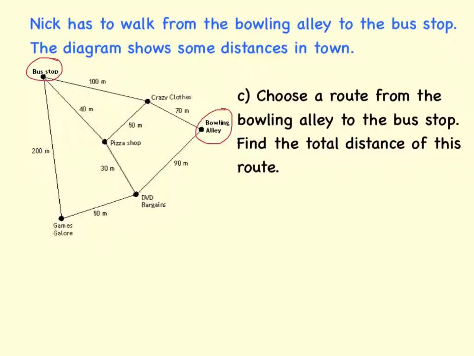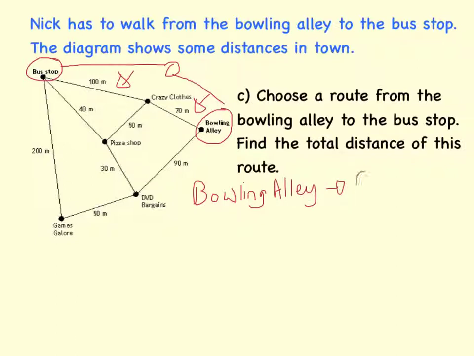And I think that that would be this route from the bowling alley to Crazy Clothes and from Crazy Clothes to the bus stop, because we've only got to add up 2 figures. So we choose the route, and we would write that we would go from the bowling alley to Crazy Clothes.